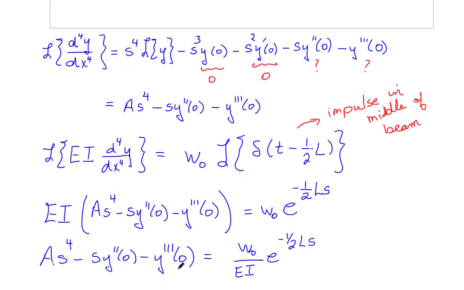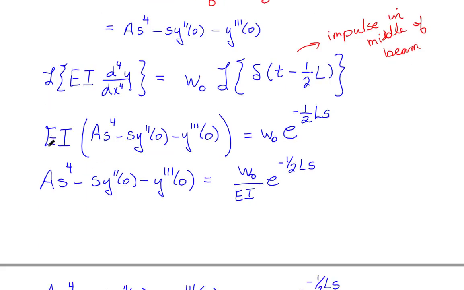Alright, so taking the Laplace transform of the left and the right, we get this situation, where E and I are constants. At that point we start isolating for the Laplace transform of y. I'm going to divide through by EI.